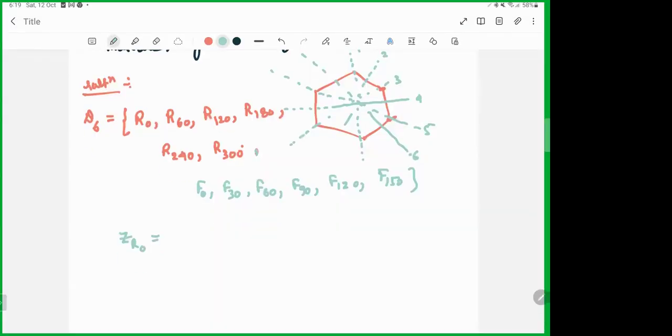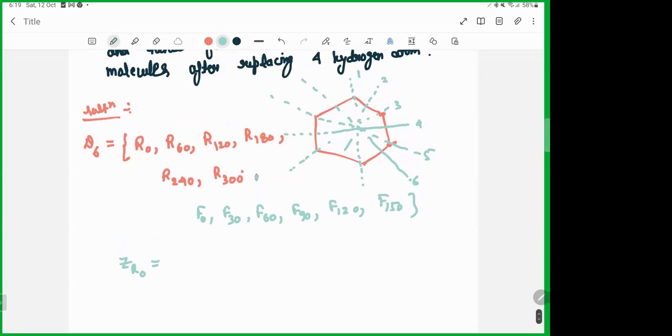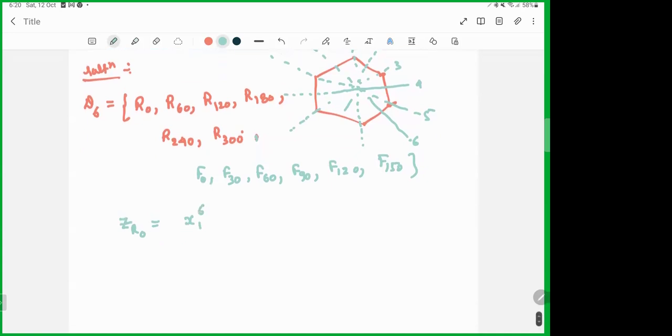So what is the cycle index monomial for rotation along 0 degrees? This is basically x1 to the power what? Each corner we have one hydrogen, and so x1 to the power 6. Then ZR60.